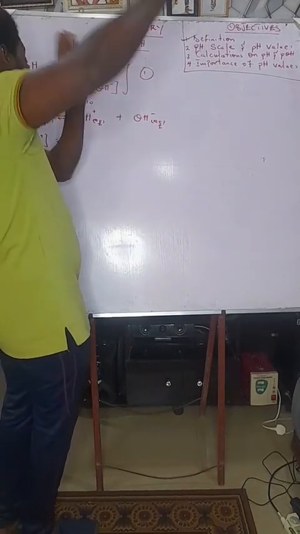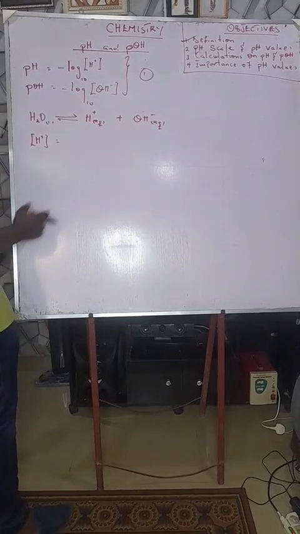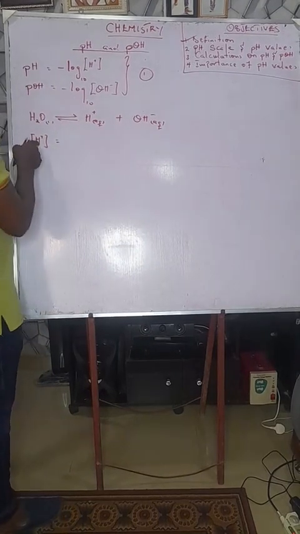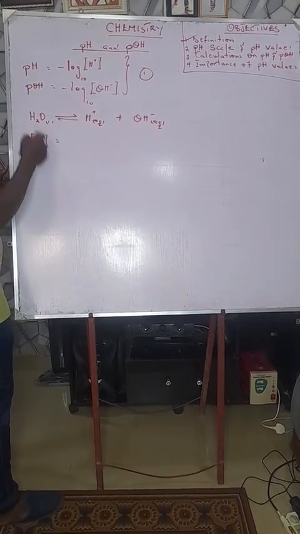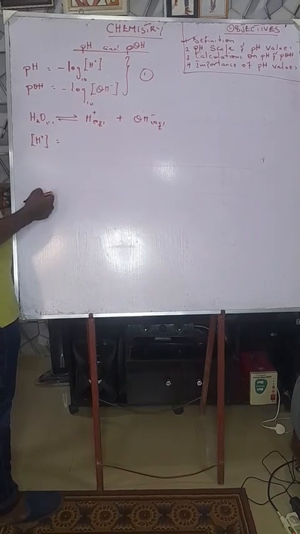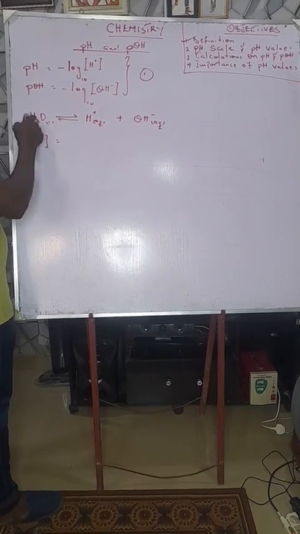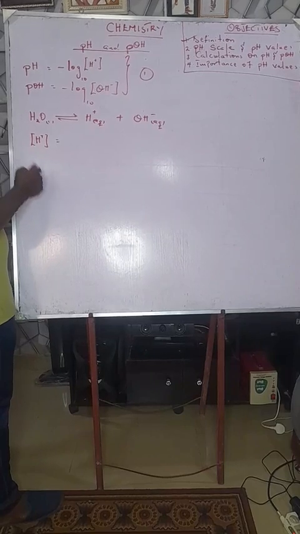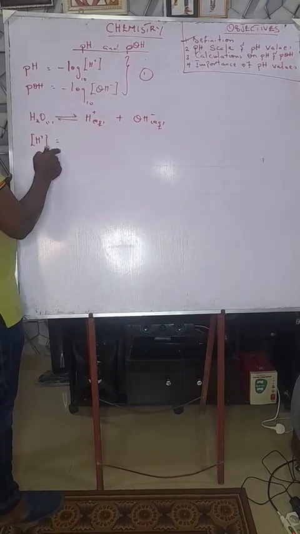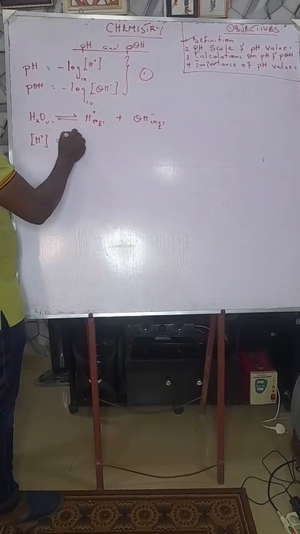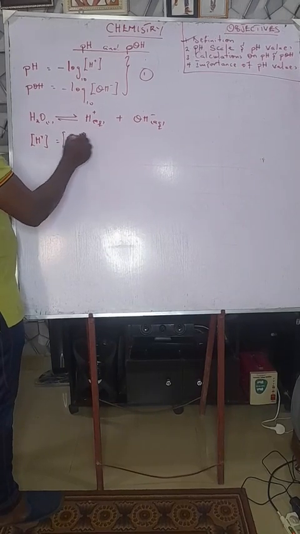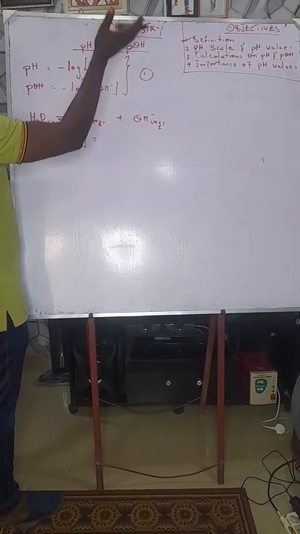Higher than 7 up to 14 is basic. Then less than 7 is acidic. So the hydrogen ion, that's H plus concentration, is the same thing as the OH minus concentration at the neutral point.